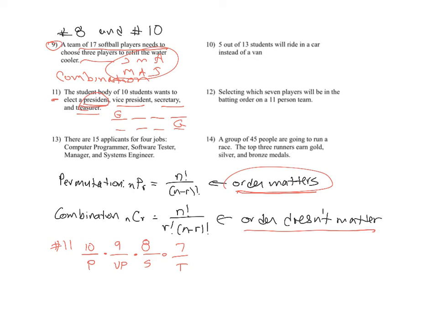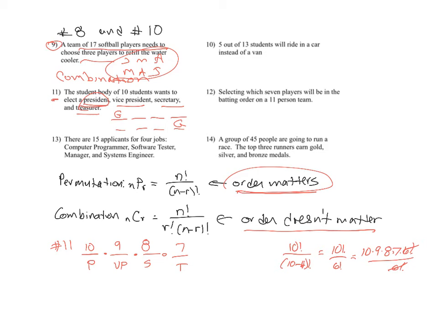Now, if we were using the permutation formula, it would be 10 factorial over 10 minus 4 factorial. So it'd be 10 factorial over 6 factorial, which ends up being 10 times 9 times 8 times 7 times 6 factorial over 6 factorial. Away they go, and there's our answer again, 10 times 9 times 8 times 7.